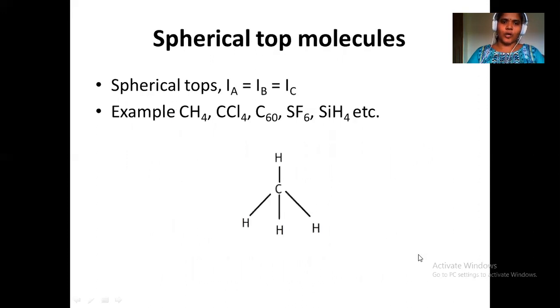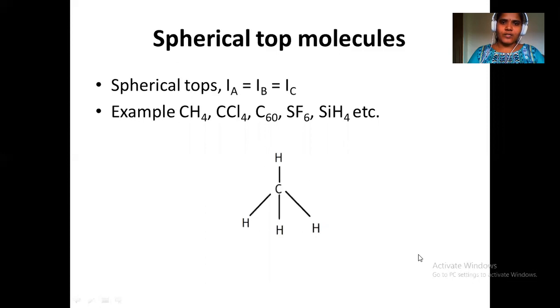The spherical top molecules have the same inertia in all directions. That is, IA is equal to IB is equal to IC. The C60 buckyball is the best example, as well as CH4 and SiH4. These all have the same inertia in all directions. When you rotate the molecule along the bond axis or end over end, in plane or out of plane, the inertia will be the same.